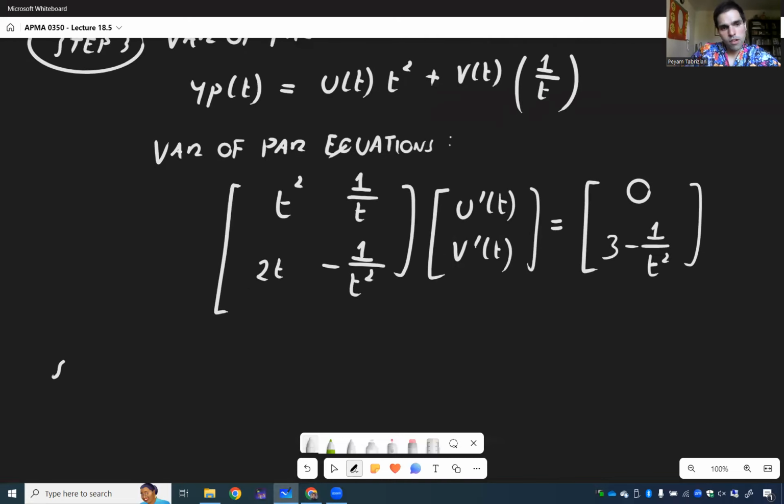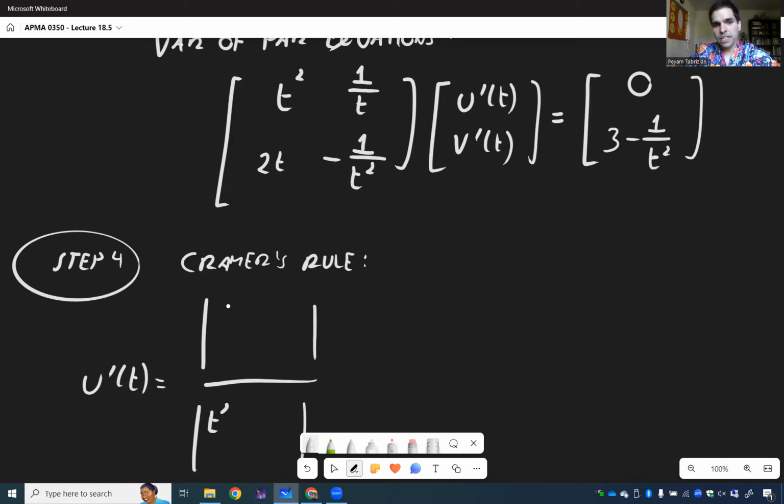So step 4, Cramer's rule. So remember how to do this. u prime of t is the ratio of two determinants, the denominator being the determinant of the matrix itself.